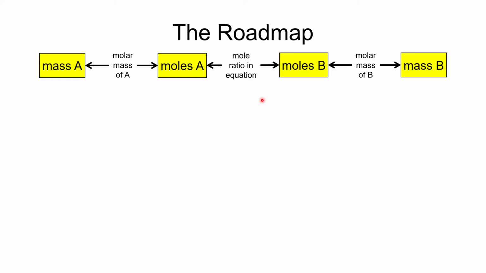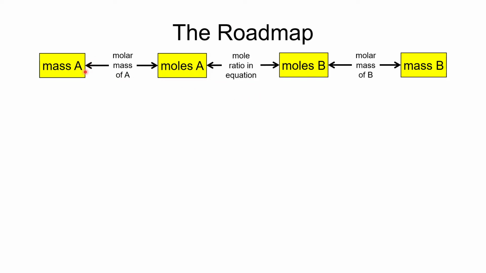So we can calculate how much mass of one thing is needed in order for another thing to be true. So you'll notice here that we've got mass of A and moles of A, and to convert between that, we use the molar mass. So mass to moles, molar mass. Also, when we go from moles to mass, we also use the molar mass.